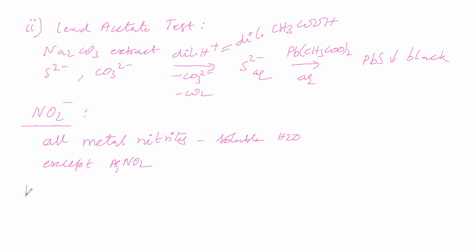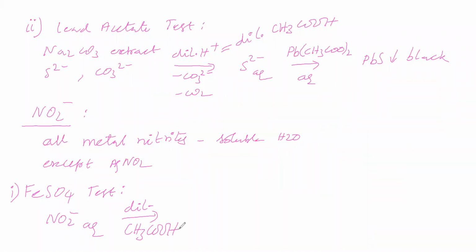One test is called the ferrous sulfate test. We take the nitrite salt solution, just by adding water. To this we add dilute acetic acid.